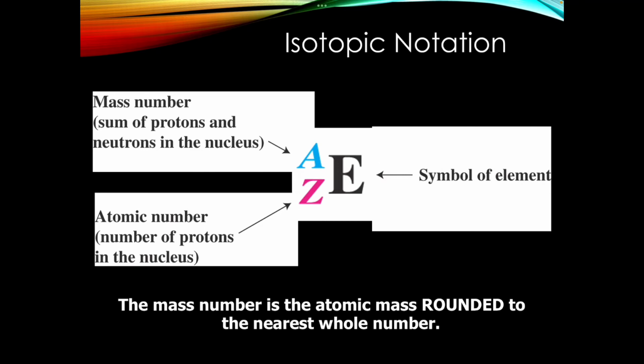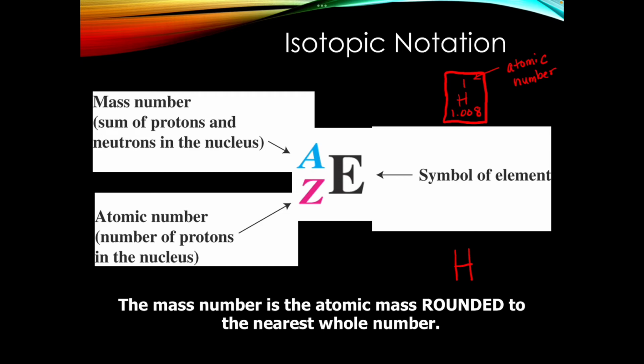Okay, so if you look at, let's say, hydrogen, you find your periodic table and you see it's got a 1 on the top, it's got an H, and then it's got 1.008. When we write this in isotopic notation, we use our element symbol, that's H. Remember our atomic number is up here.